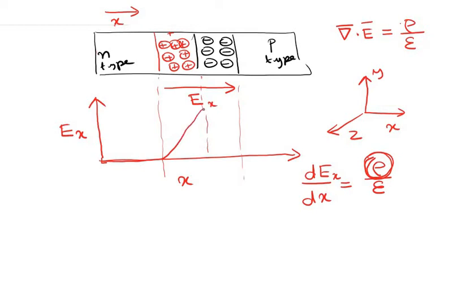It reaches a maximum over here, and then as we enter this region where these negative charges have accumulated, dE/dx becomes negative because this charge density rho is negative. So this electric field gradually starts decreasing, and it gradually decreases to 0, and then this neutral p-type region starts.